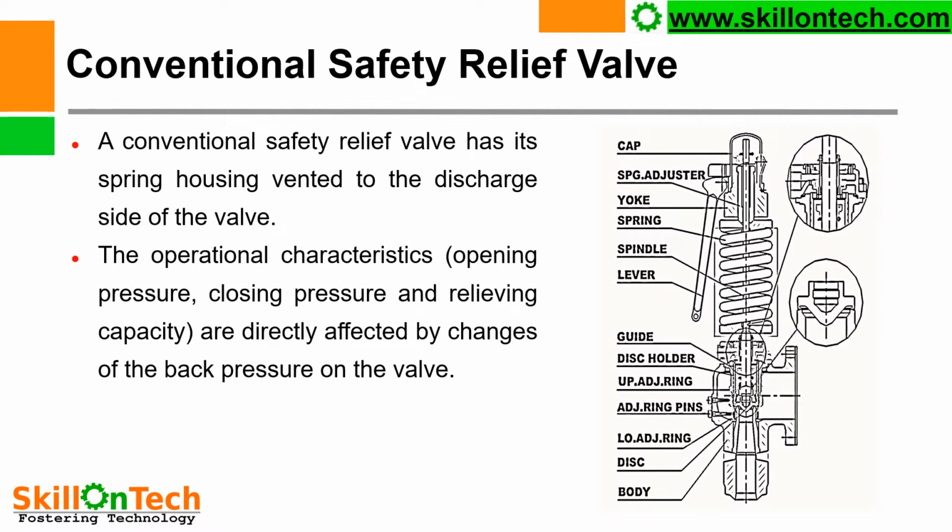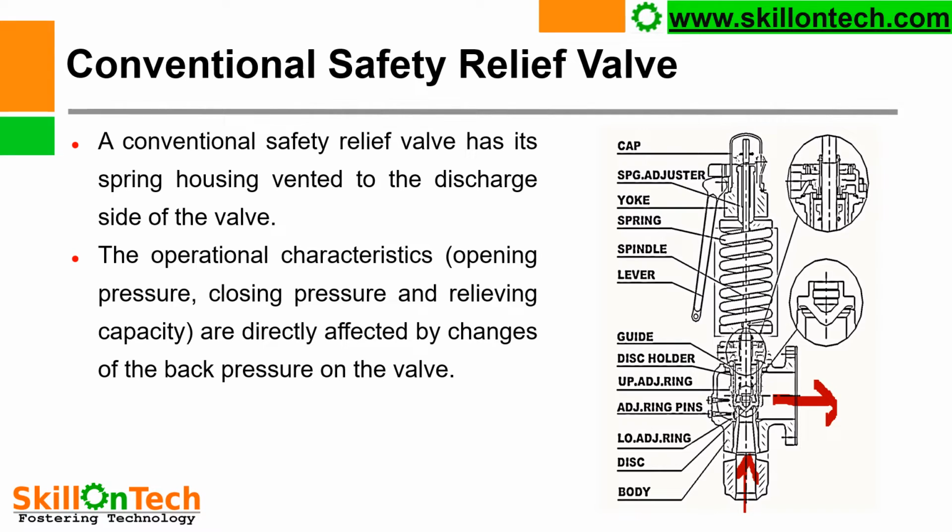Conventional safety relief valve. A conventional safety relief valve has its spring housing vented to the discharge side of the valve. This is the discharge side and this spring is installed here, in the discharge side, and this is the inlet side of the valve.